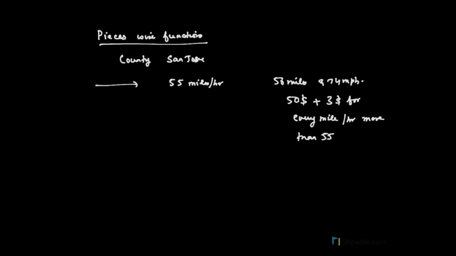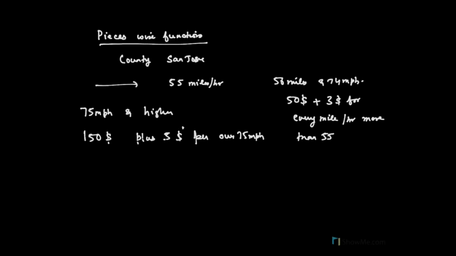However, suppose you cross 75 miles per hour and higher, then the fine is more. Your fine is going to be straight $150 plus $5 per mile per hour for any speed over 75 miles per hour.